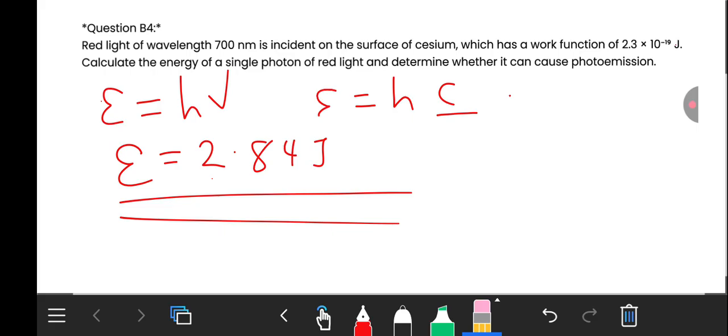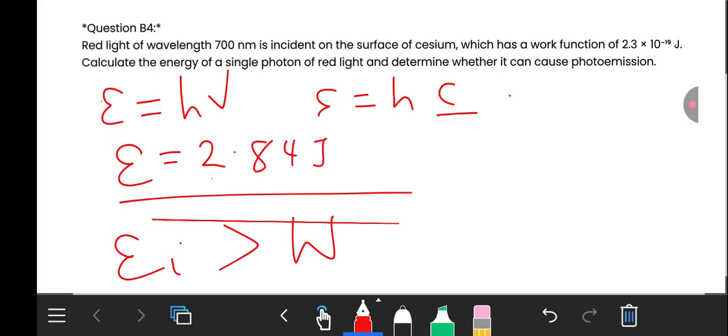The condition is that for photo emission to take place, the incident energy must be greater than the work function or the threshold energy or the threshold frequency. The threshold frequency is just the minimum frequency or minimum energy that has to be overcome by the incident frequency for photo emission to take place.